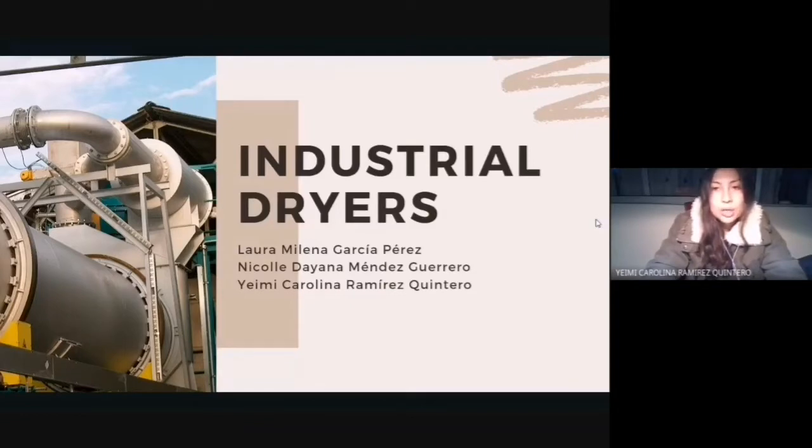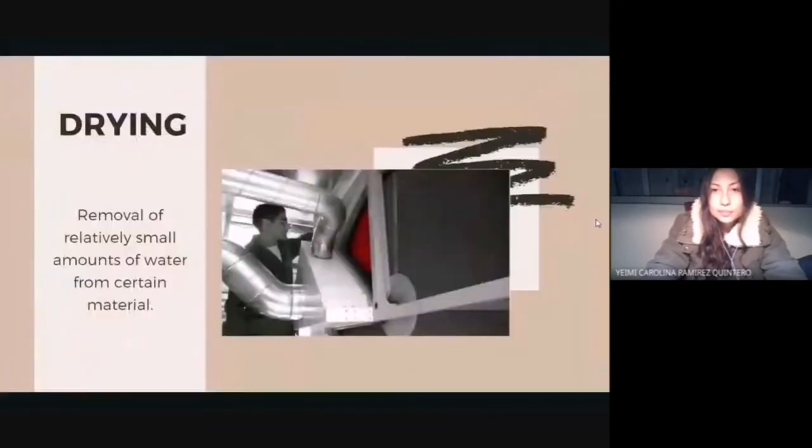We will discuss the issue of industrial dryers. We will start by defining what drying refers to, which is basically the removal of water in relatively small amounts from processed materials and other substances.